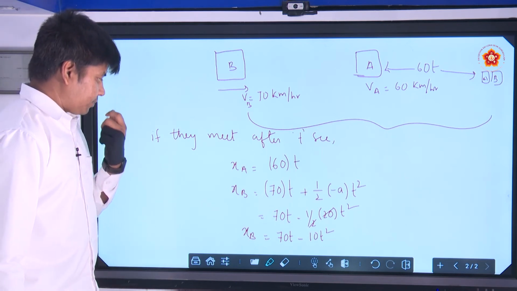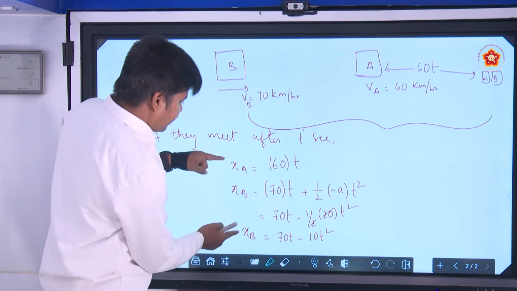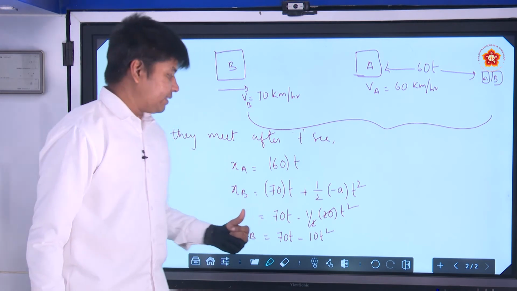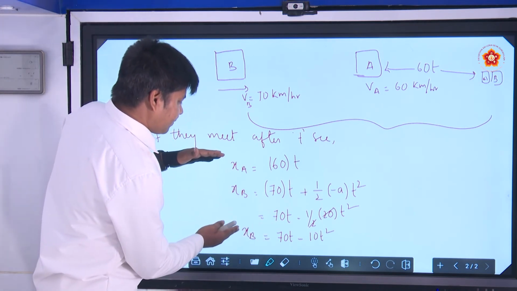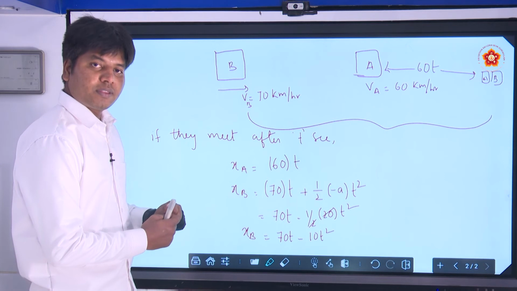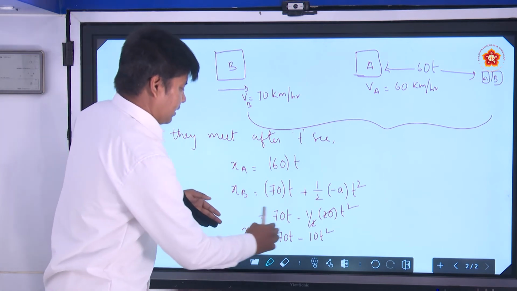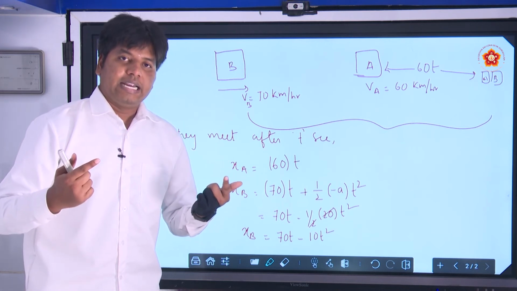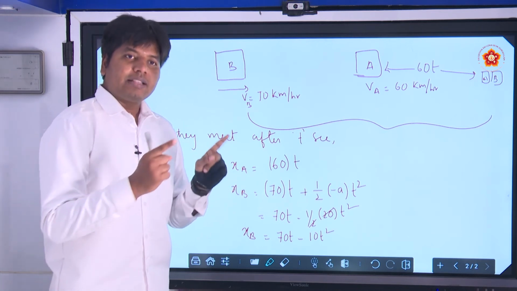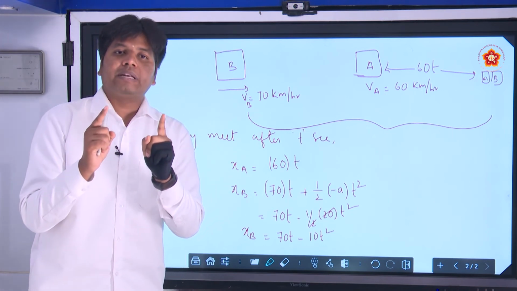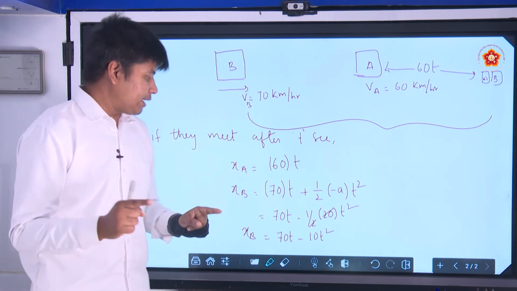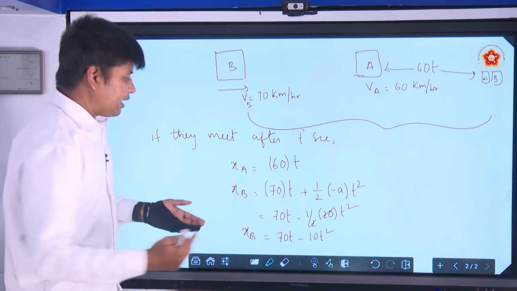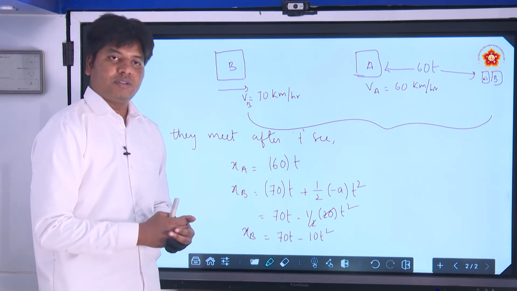Alright. So what is the relationship between these two? We have added acceleration here, so there is some relation between these two, because the deceleration started when the two were 2.5 kilometers apart. That means when XB minus XA is 2.5, then we have this deceleration.